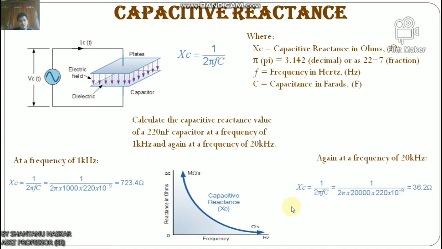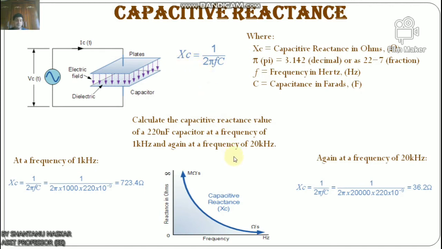As the capacitor charges or discharges, a current flows through it which is restricted by the internal impedance of the capacitor. This internal impedance is commonly known as capacitive reactance and is given by the symbol Xc in ohm.